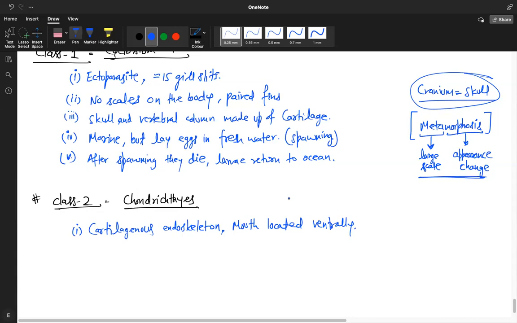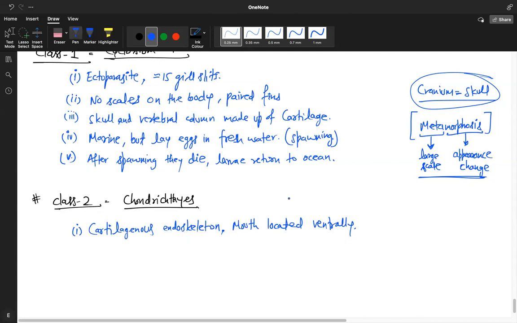Yes. So for example, sharks. Have you seen sharks? Sharks are chondrichthyes. Yes. Sharks have their mouth on the downside. You cannot see it from the top. And sharks are chondrichthyes, so the shark's endoskeleton is made completely of cartilage.